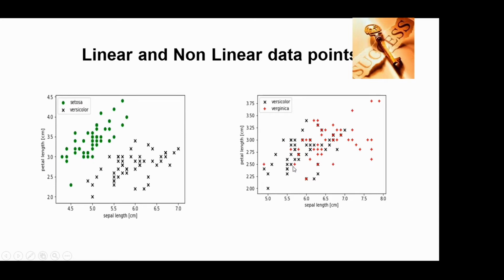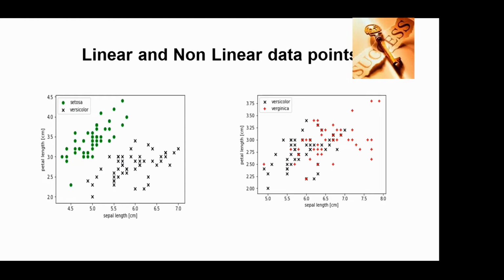So you have to separate this data, meaning you have to put the plus signs into one cluster and the black crosses into another cluster. This is a challenging task: how to separate or categorize these types of non-linear items in classification problems.